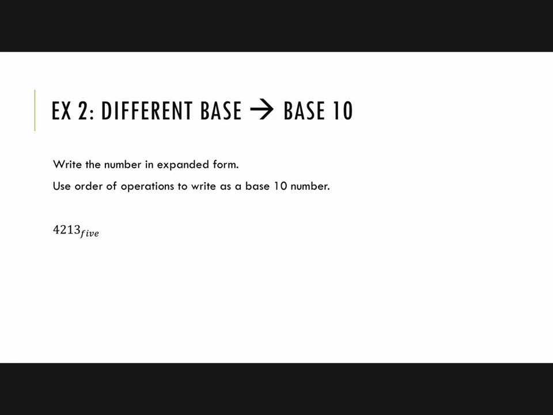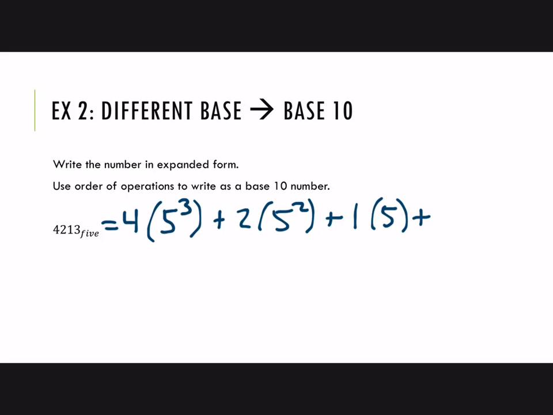Alright, how about 4213 base 5? Well, this would be 4 times 5 cubed plus 2 times 5 squared plus 1 times 5 plus 3 times 1. So exponents first, 5 cubed is 5 times 5 times 5, that's 125.